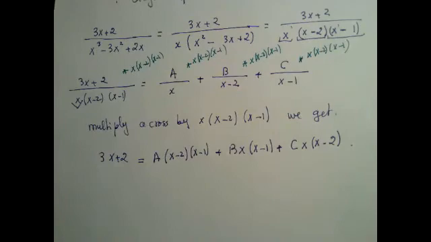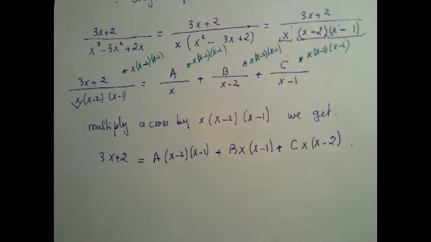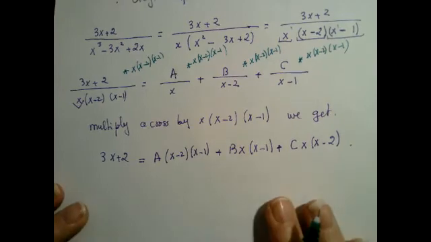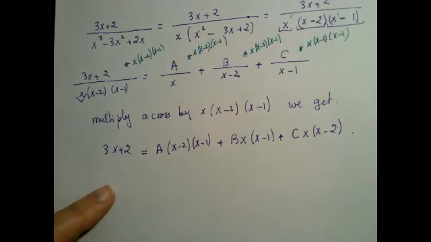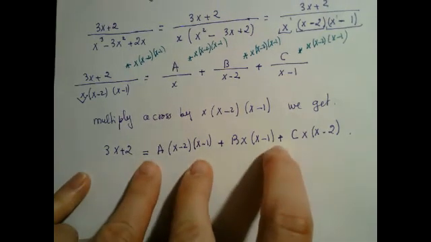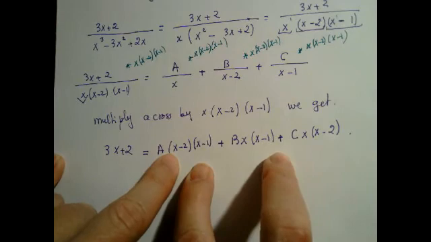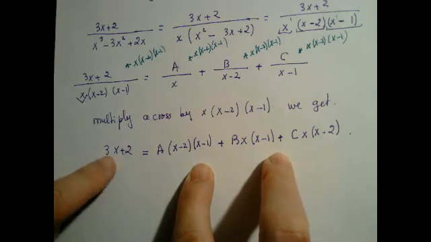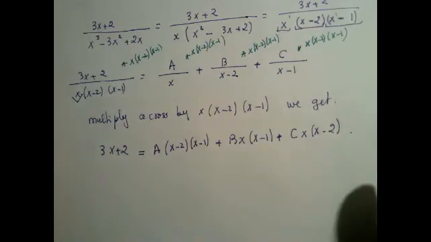And now I want to find the a and the b and the c. Usually there are two ways of finding a, b, and c. Today and tomorrow, I'll emphasize one way, and on Monday, I will show you other ways. So how are we going to find a, b, and c? We're going to use the same idea that I used a minute ago. I said those expressions should be the same regardless of what x is. So I'm going to pick particular values of x and substitute in both expressions to be able to find the a and the b and the c.